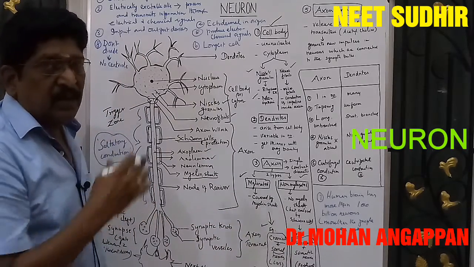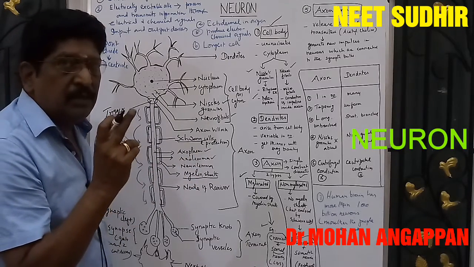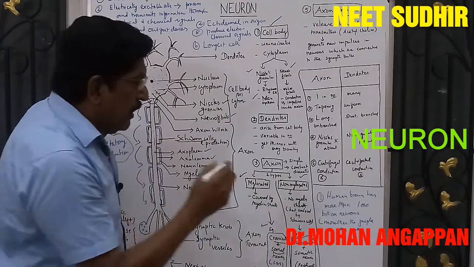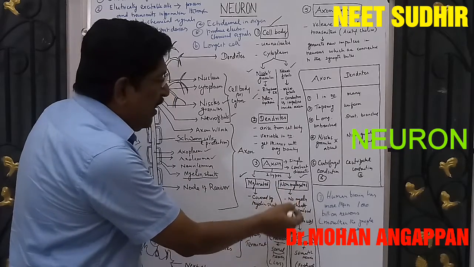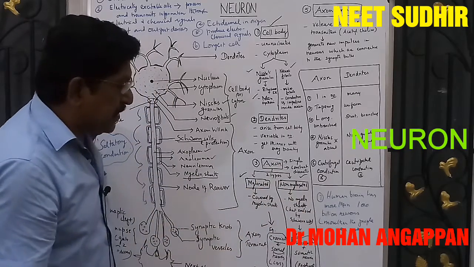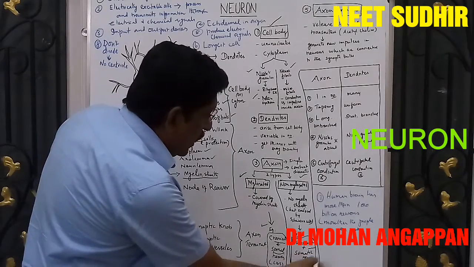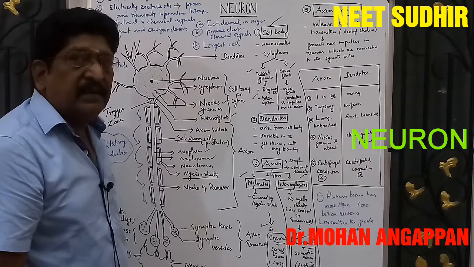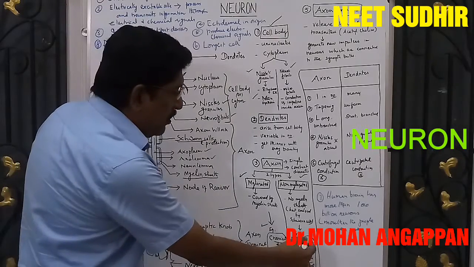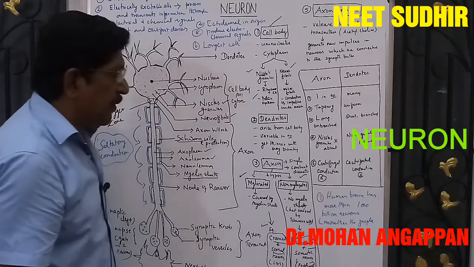You must know, every point is very important from the NEET point of view, mind you guys. The non-myelinated axon is present in the somatic nervous system and the autonomic nervous system, which make up the peripheral nervous system.